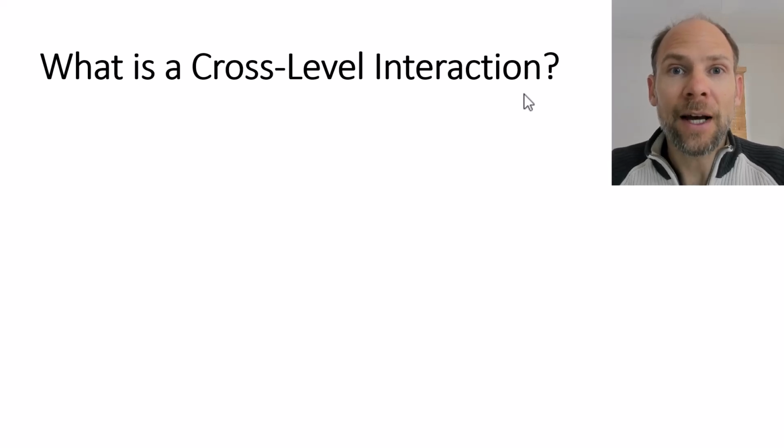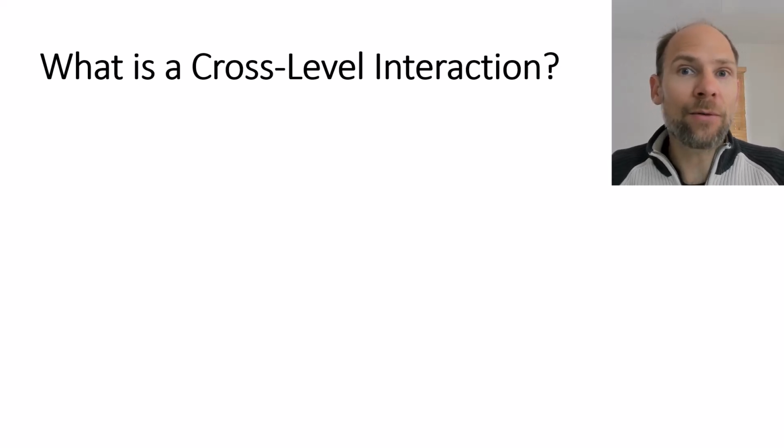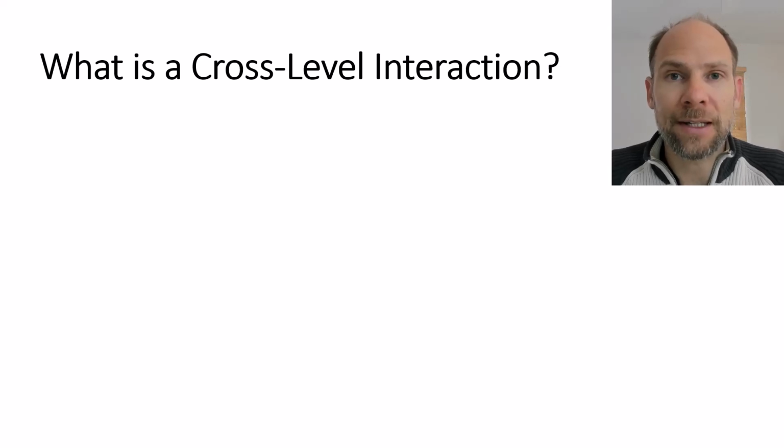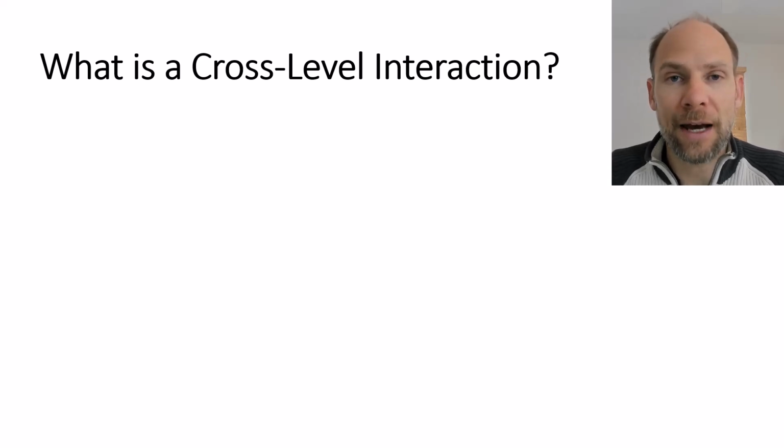In this video, I want to explain what a cross-level interaction is. So let's get started. Where do we find this concept of a cross-level interaction? We find that in multi-level statistical analysis, where we have multiple levels of analysis, in the simplest case, an individual level and a group level, or in longitudinal data, we have at level 1 the time points and at level 2 the individuals, where the time points are nested within individuals.